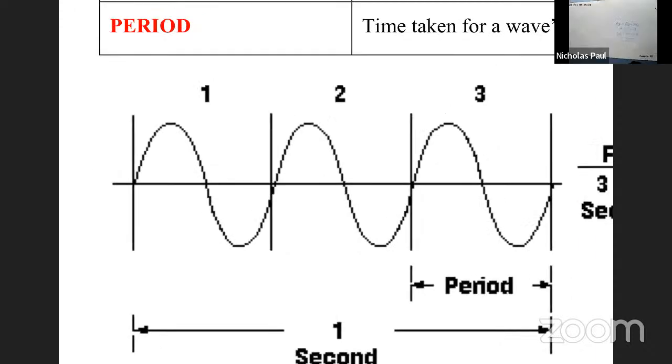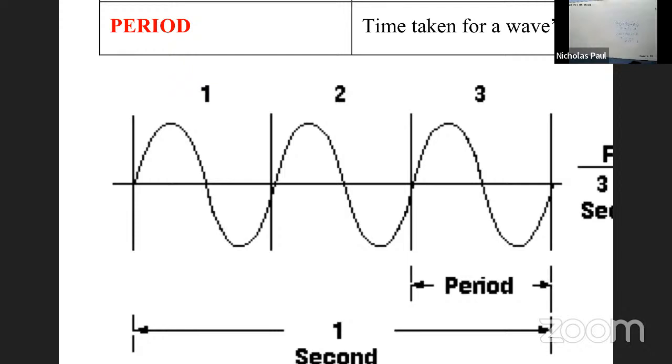Right. So here we have a wave, right? You're seeing that? So we'll be continuing on the amplitude, period and frequency. Let's go over it again, right? So if you look here, we have a wave. This wave has 3 cycles, right? How do we identify a cycle?